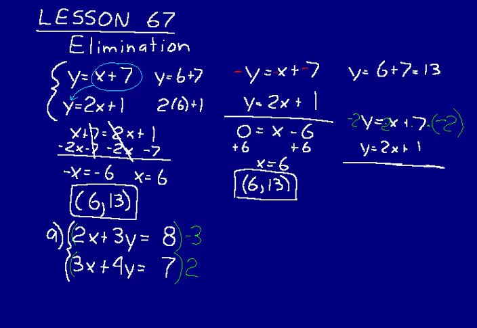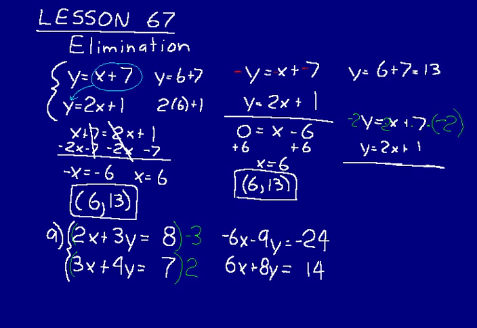So let's go ahead and expand this out, and so I'll have negative 6x minus 9y is equal to negative 24. And then on the bottom I'll have 6x plus 8y is equal to 14.